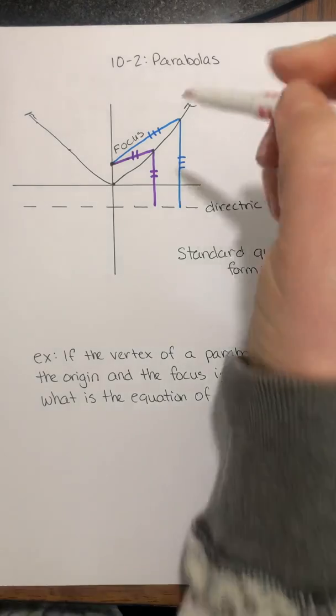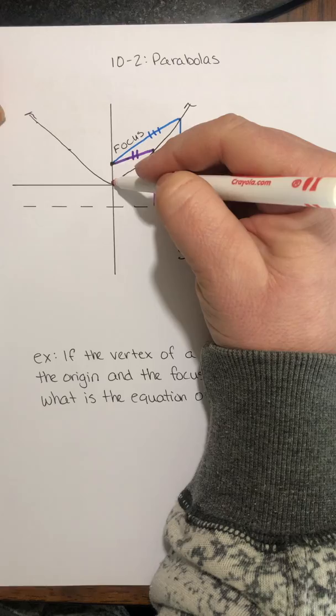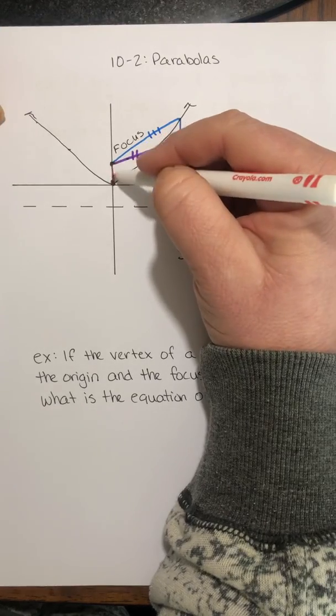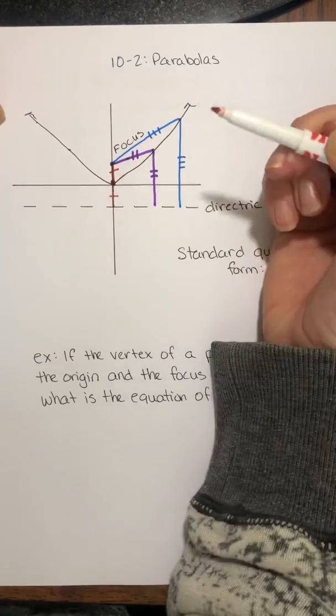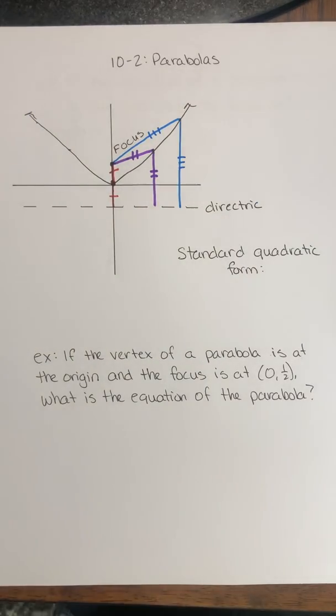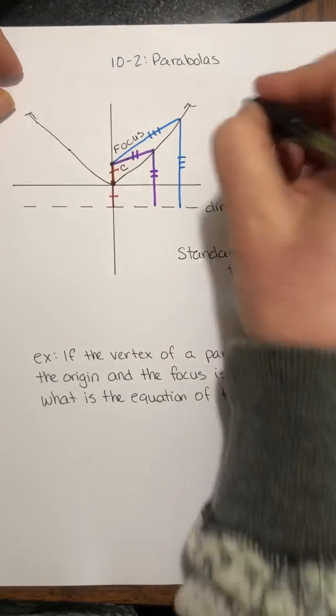So every point on the parabola is equidistant from the focus and the directrix, including the vertex. So this distance from the vertex to the focus and from the vertex to the directrix are also the same. And that distance is called C.